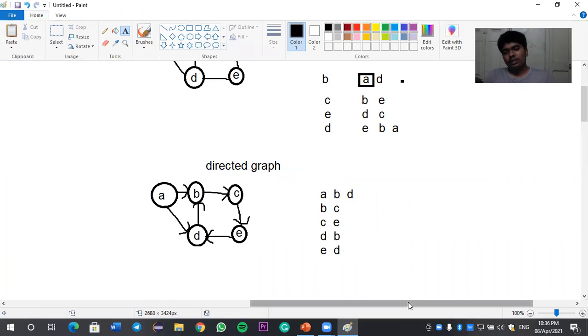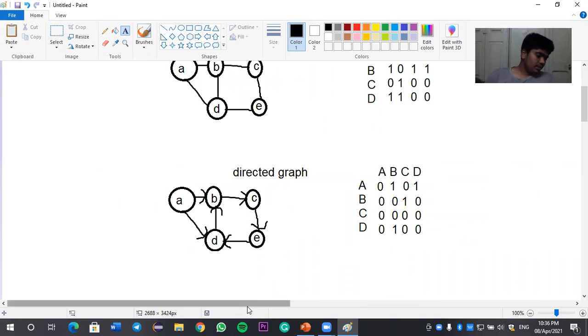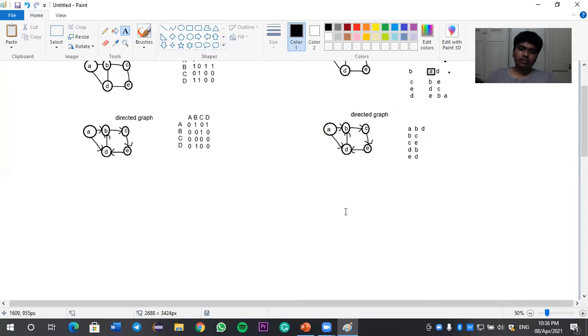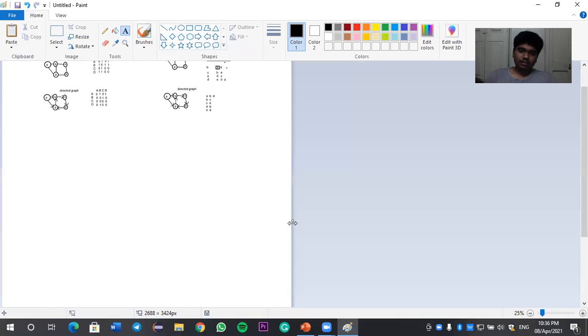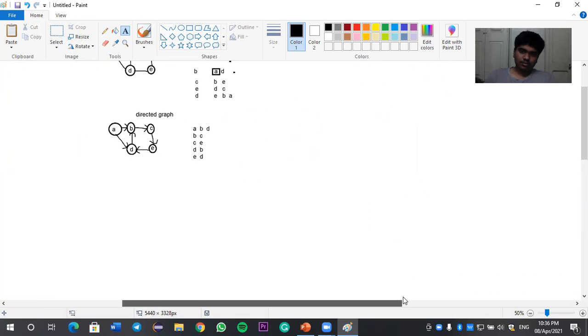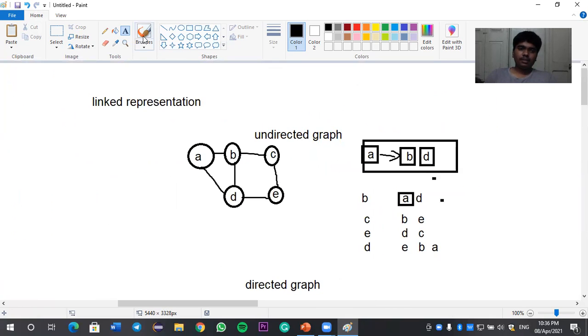And one of the most important things which we have forgotten to represent is the weighted graph. So weighted graph is another concept. So let me increase this size. Weighted graph is another concept, and this is also of two types.